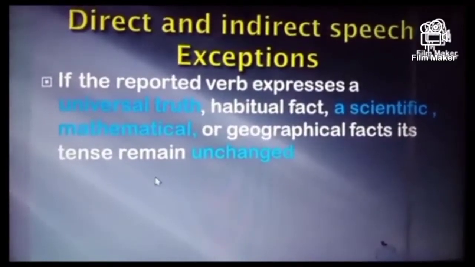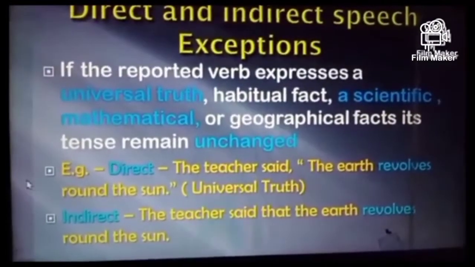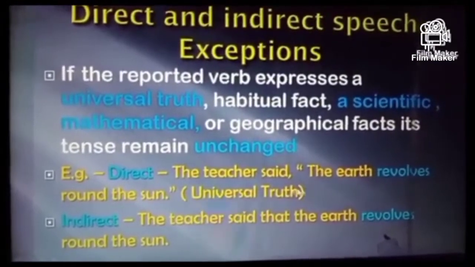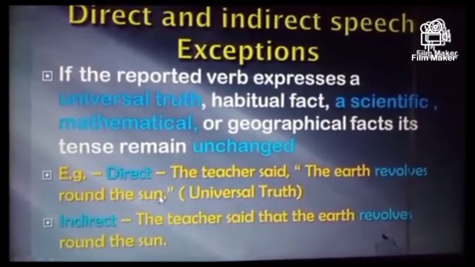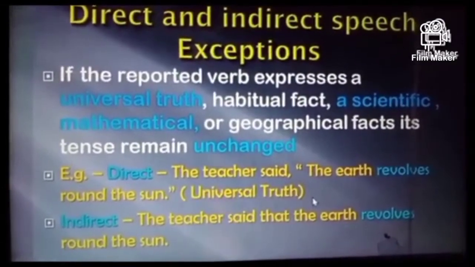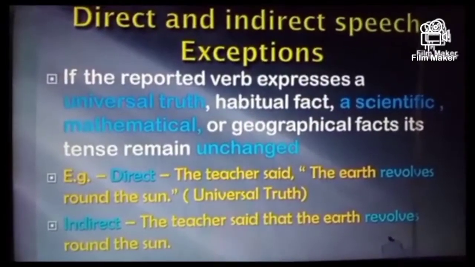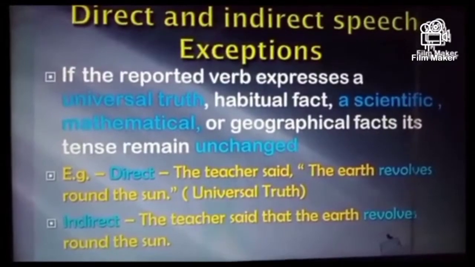Take a look at an example so we'll understand in a better way. Example, direct speech: The teacher said, the earth revolves around the sun. This is a universal truth because it has been revolving for millions of years, and it is not going to change at all.